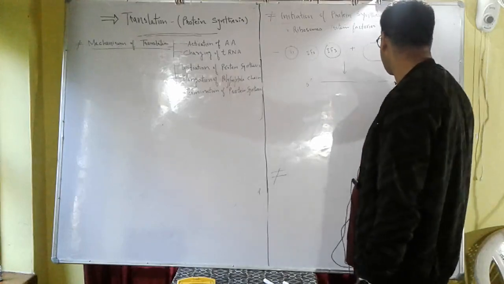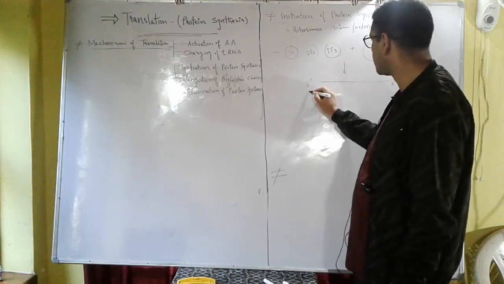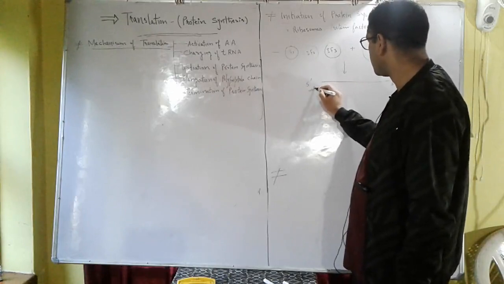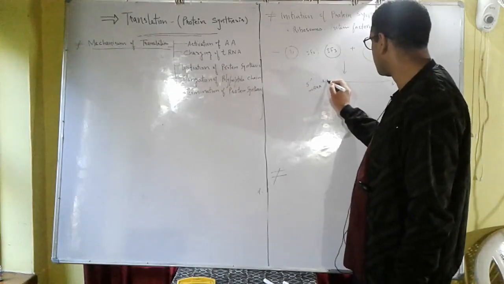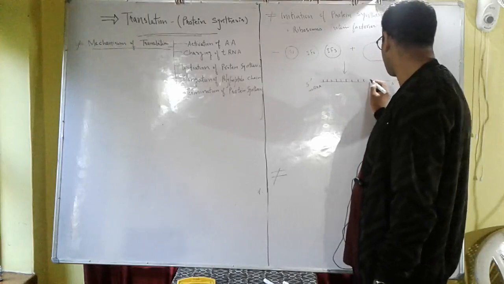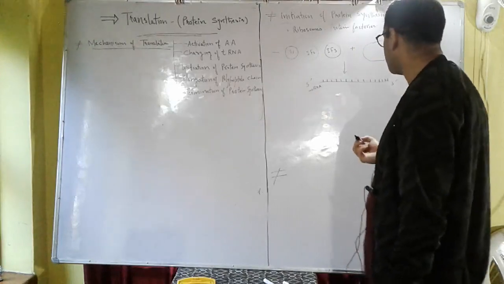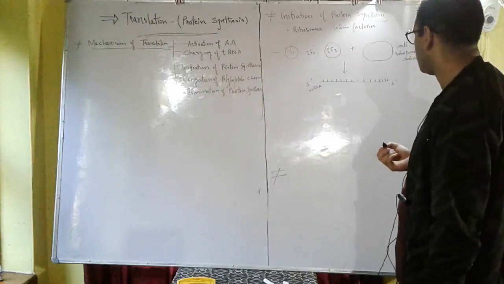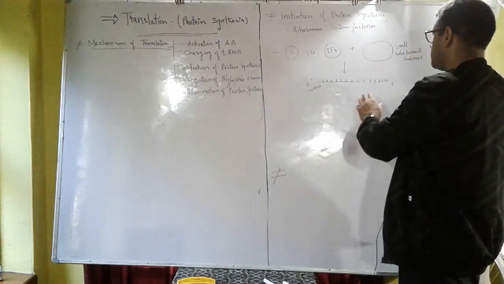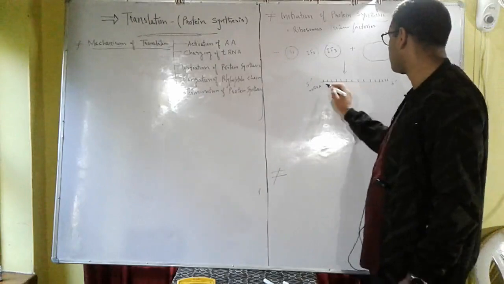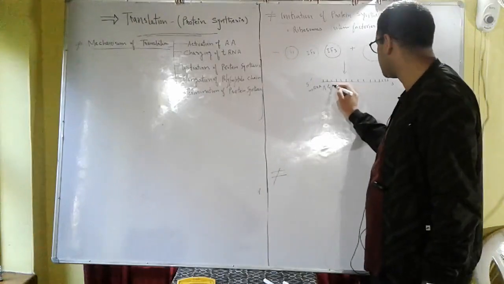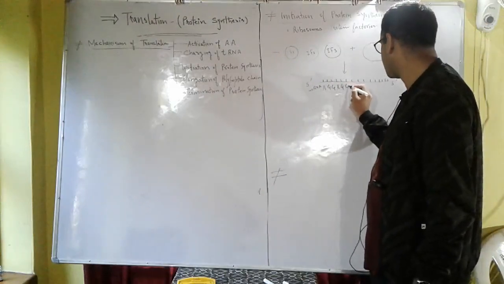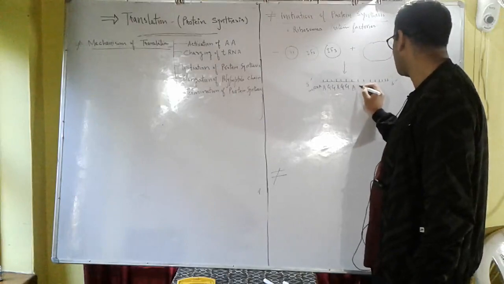This is the 5' end, 3' end of the messenger RNA. For example, we have AGG and AUG.